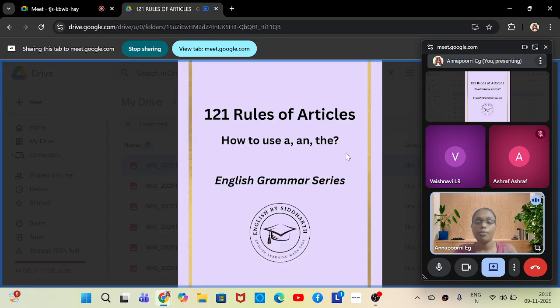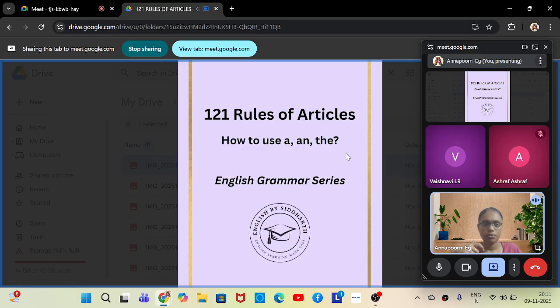But if you want to speak about a specific noun, we have to use the. So that is why we call them indefinite articles and definite articles. The is a definite article because you are using it to speak about something specific, but you are using a and an to speak about something that is general, that is not specific. This is the basic difference between definite article and indefinite articles.